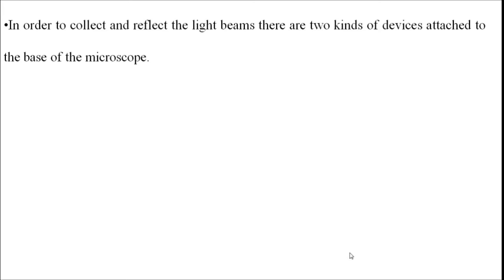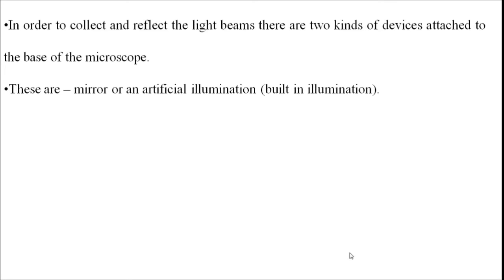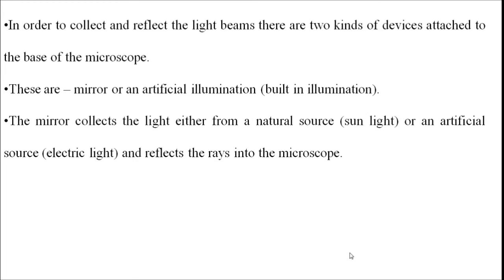There are two kinds of devices which are attached to the base of the microscope. First one is the mirror, for natural or artificial illumination. The main function of the mirror is to collect the light coming from a natural or an artificial source and reflect the rays into the microscope.